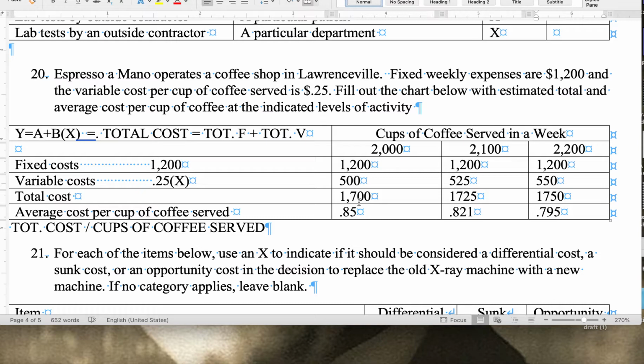That's a very important concept. Another important concept is being able to know conceptually how variable costs and fixed costs behave, both in total and on a per unit basis. Okay, very important.